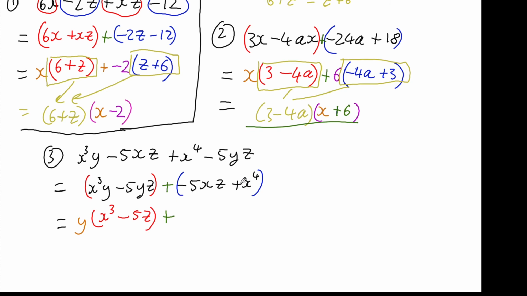So what's common here? It's just the x. So I can factorize out the x. And we can then be left with, in my brackets, negative 5xz, factorize out the x, leaves us negative 5z, plus x to the 4, divide out the x, leaves us plus x cubed.